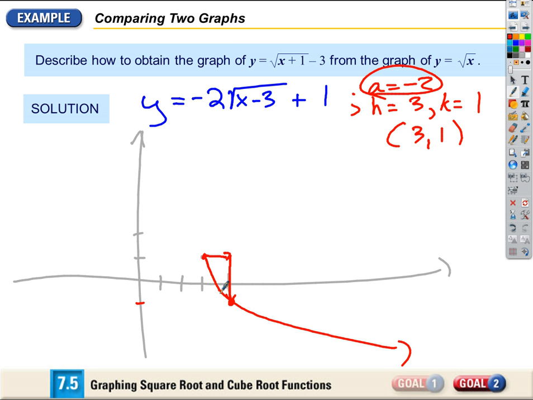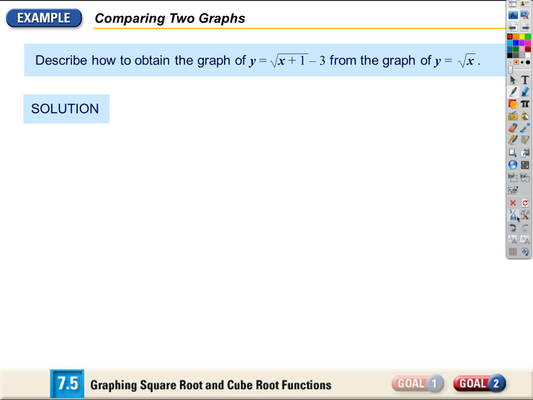Okay, let's try another one. Let's try a cube root. How about if we have y equals negative 3 times the cube root of x plus 1 minus 2. Okay, what's a?